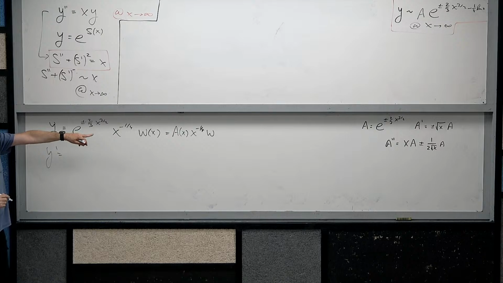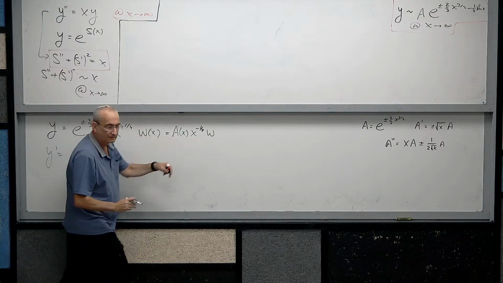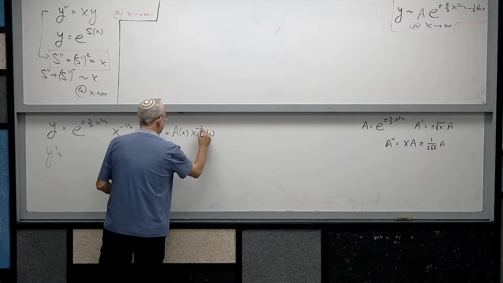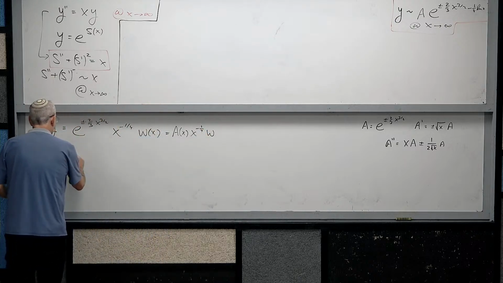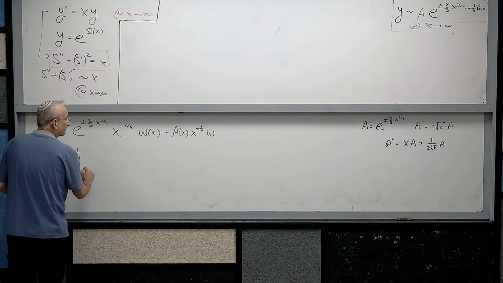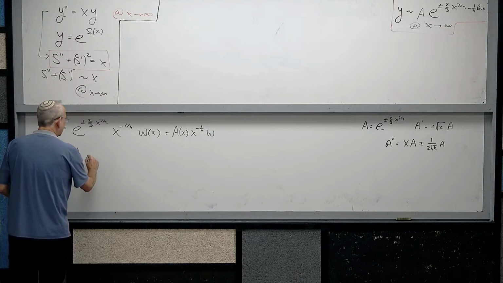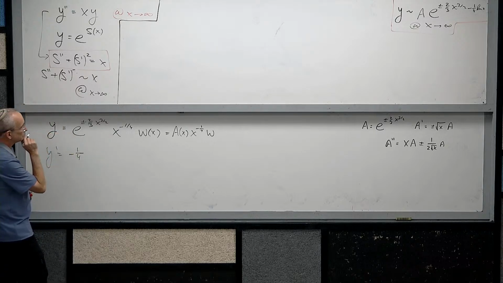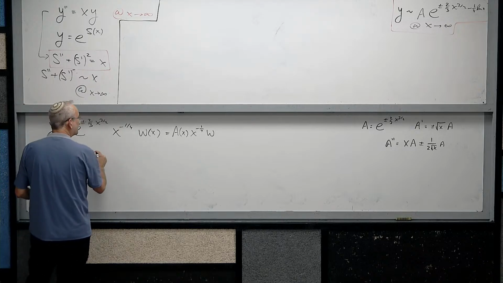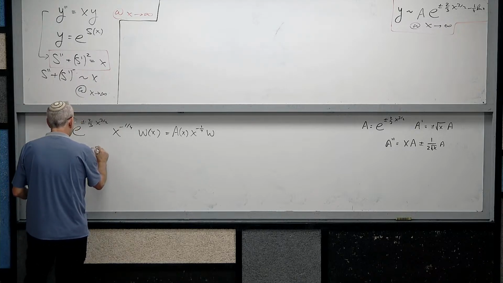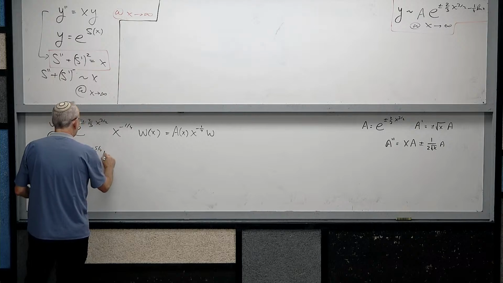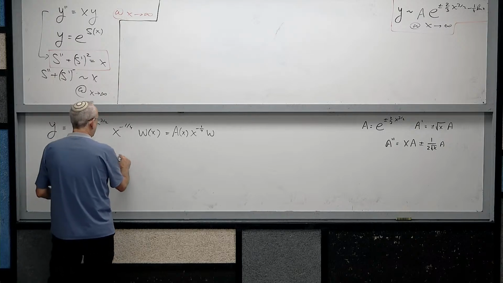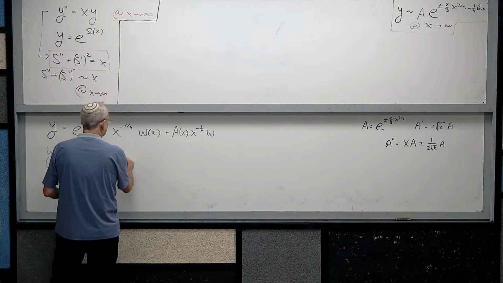I have to take the derivative of this triplet, and this will be minus 1/4 times x to the minus 5/4 times AW, plus A prime.